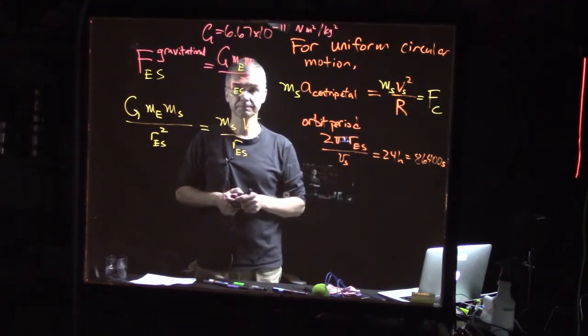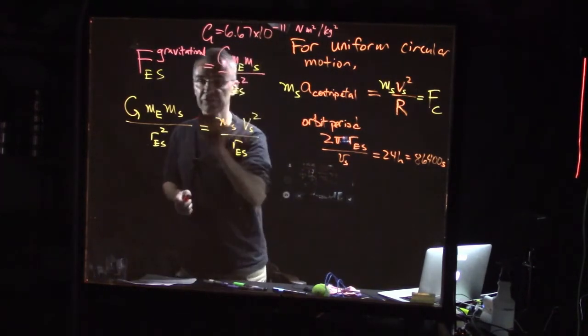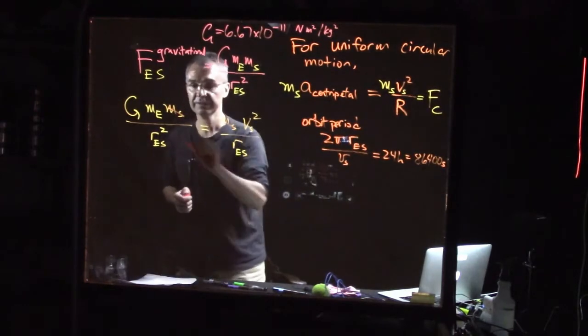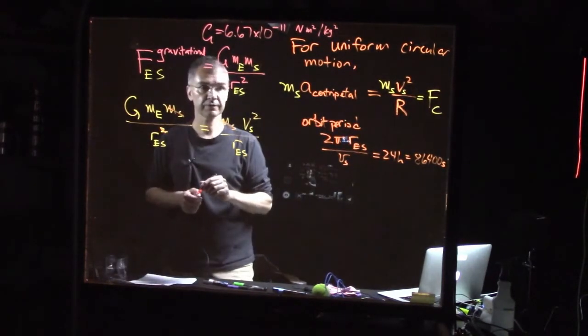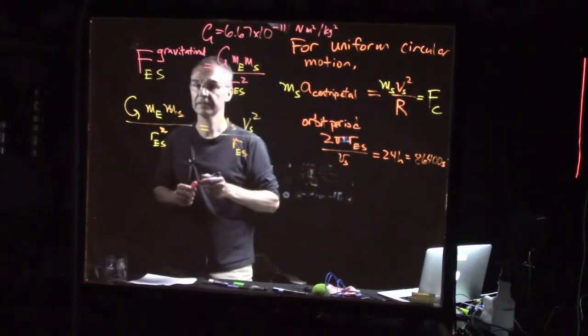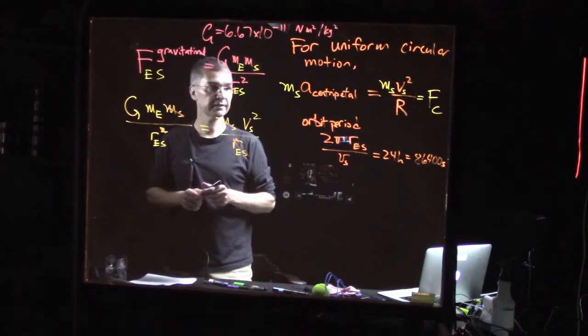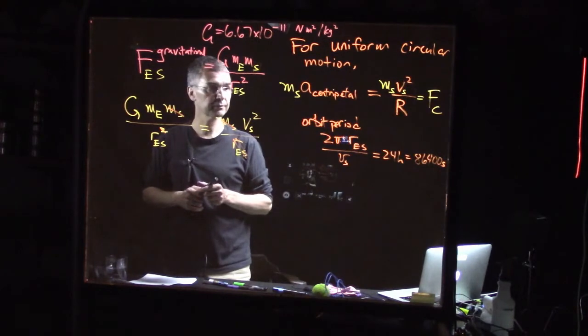How are we going to do that? Let's see. We can cancel the mass of the satellite. We'll cancel one power of r here. I guess we could just do a bunch of things with numbers.